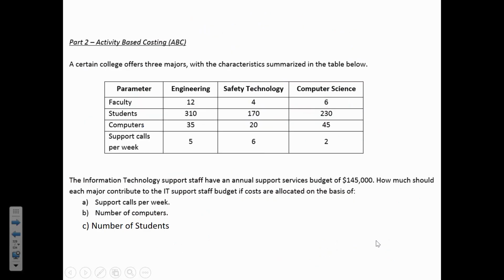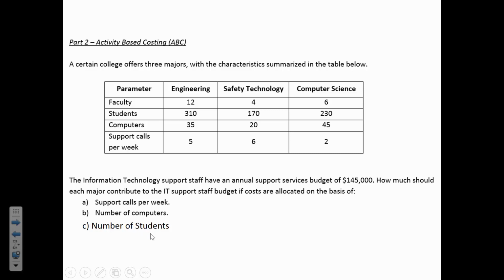So here in part 2, on the back side of the paper that I've given you, there's a certain college with 3 different majors, and what we're trying to do is figure out, if the IT department has a budget of $145,000, let's use the activities of each of these cost centers to figure out how much of the $145,000 has to be covered by engineering, safety, and computer science.